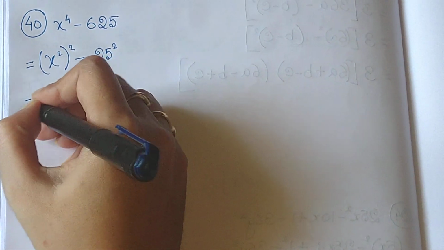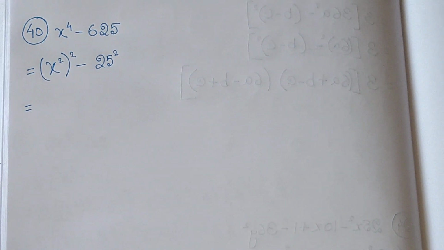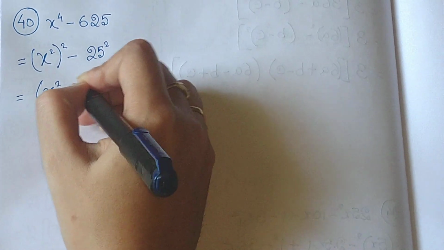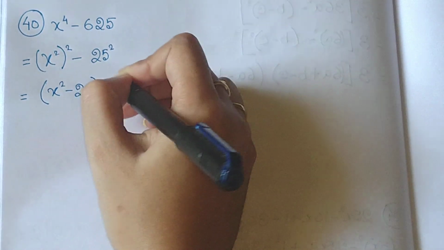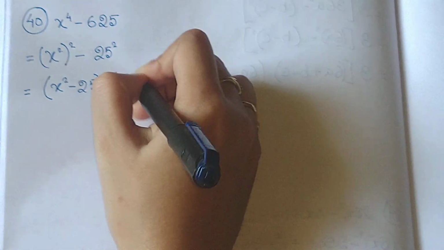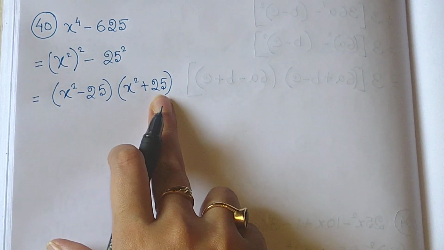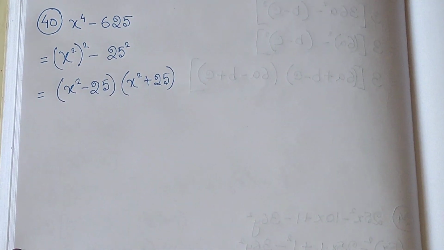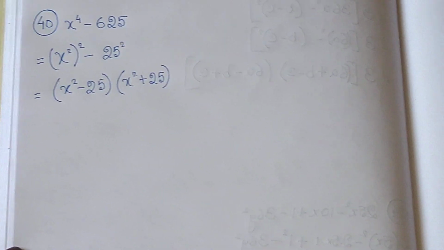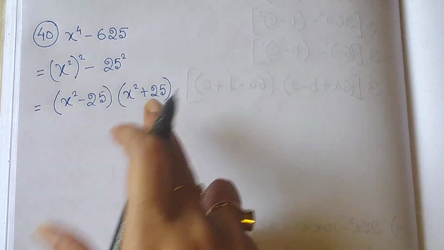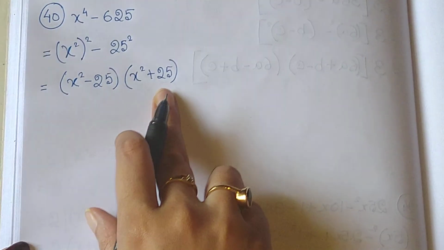So this can be reduced to a square minus b square form. It can be written as x square minus 25, then x square plus 25. Now x square plus 25 does not have any identity, because all the identities are based on a square minus b square, not on a square plus b square.